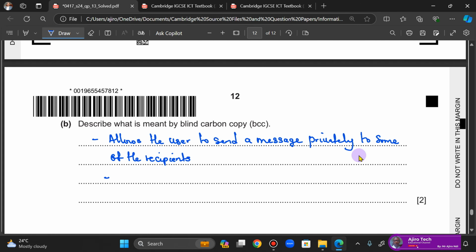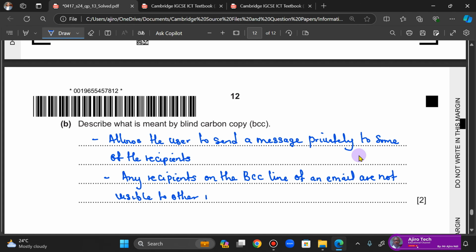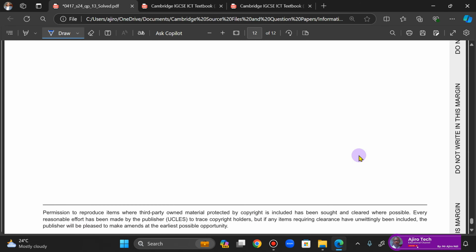Another one is any recipients on the BCC line of an email are not visible to other recipients of the email. So this is very, very important.